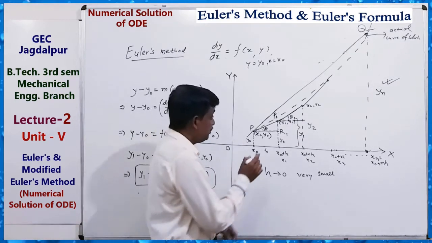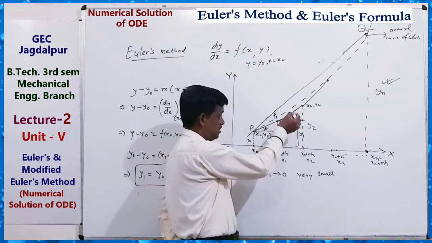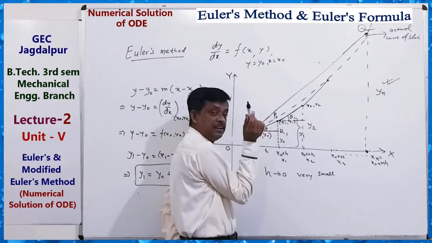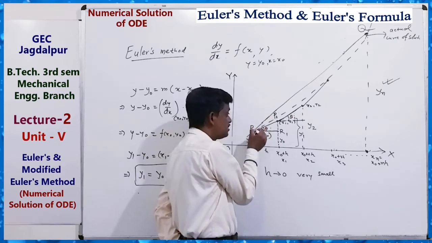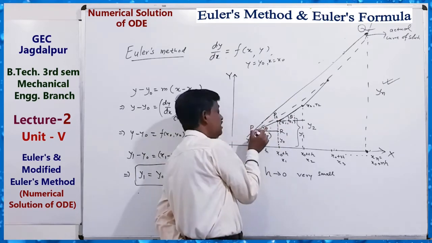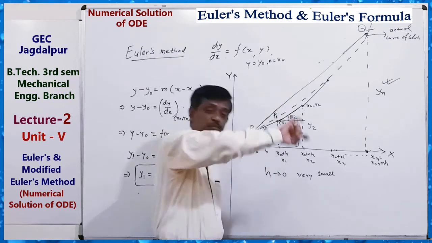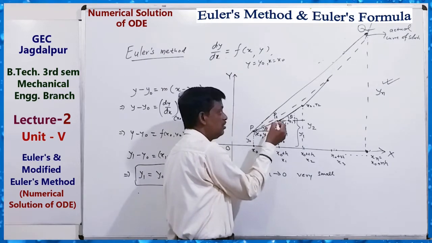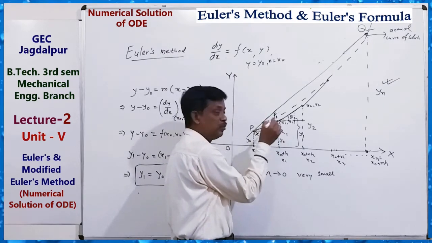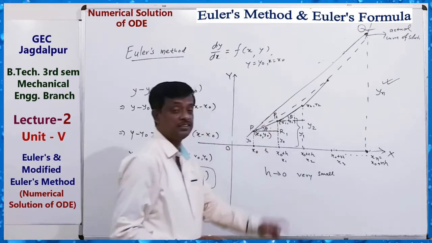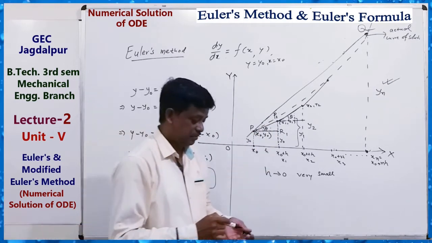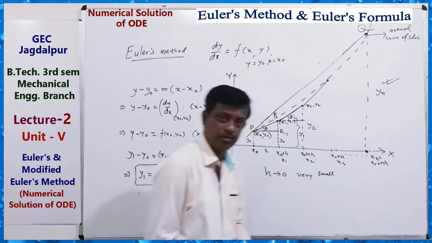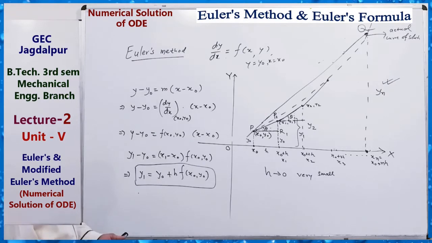Now, if we take the average of this slope and take the tangent through this point using the average of the slopes, then our approximation will go faster to the curve. That is the Euler modified formula. I will discuss Euler's modified formula after doing questions from Euler's method.